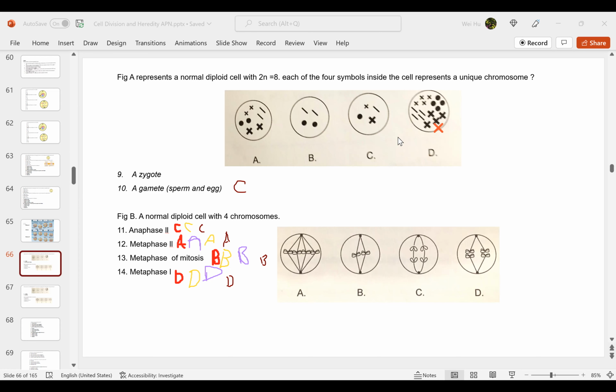Now let's see this one. Let's read this question. 2n equal to 8 means that each n is 4. Okay, you have 2n. So then, do you have n, 2n? You don't have 2n for this one.